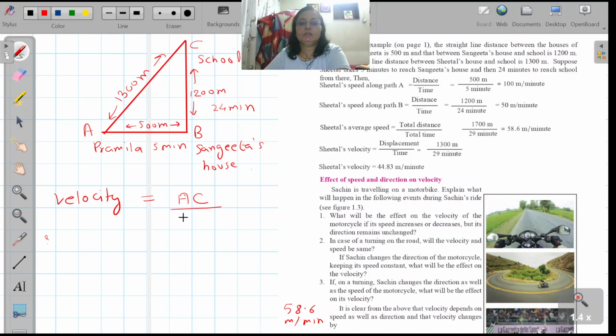And time taken is 29 minutes. So 1300 divided by 29 is 44.83 meter per minute. So speed is 58.6 meter per minute, but velocity is 44.83 meter per minute. Speed is different because she travelled a distance of AB and BC, and velocity is different because the displacement is AC.